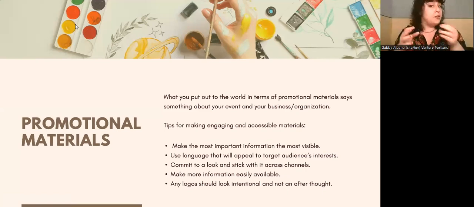So here are some tips to make your content more engaging and accessible. Number one, make the most important information the most visible. This makes a lot of sense. You want the who, what, where, when, and why easily figured out, but this doesn't mean that it has to be the largest on your poster.